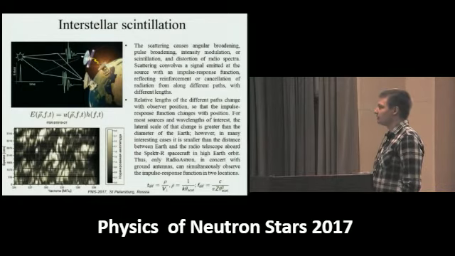On this picture you can see a dynamic spectrum of pulsar 1919, and you can see spots of bright and low intensity. The relative length of different paths changes with observed position, so the impulse response function changes with position too.